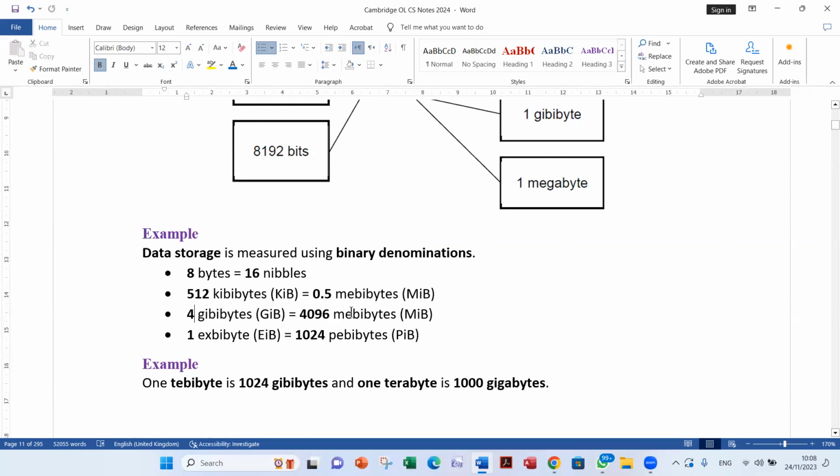Because 1 gibi is 1,024 mebi, multiplied by 4, this is 4,096. 1 exbi is 1,024 pebi. Okay? Another one, that was on another exam. 1 tebibyte is 1,024 gibibytes. 1 terabyte is 1,000 gigabytes.